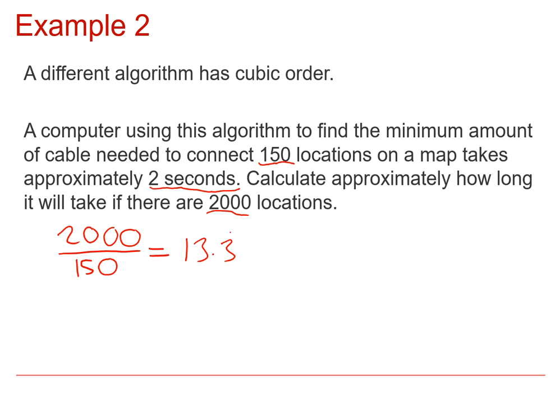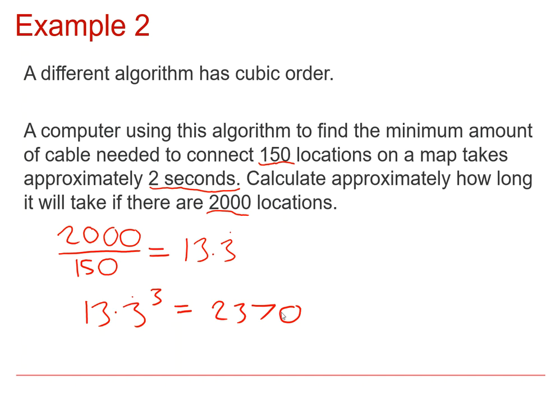Because this is cubic order, the larger problem is going to take this number cubed times as long to complete. So I now need to cube that, so let's do 13.3 recurring cubed, and that comes out as approximately 2,370.